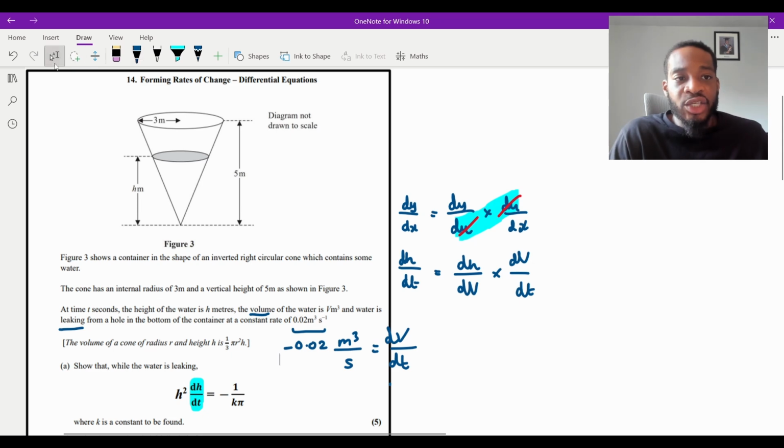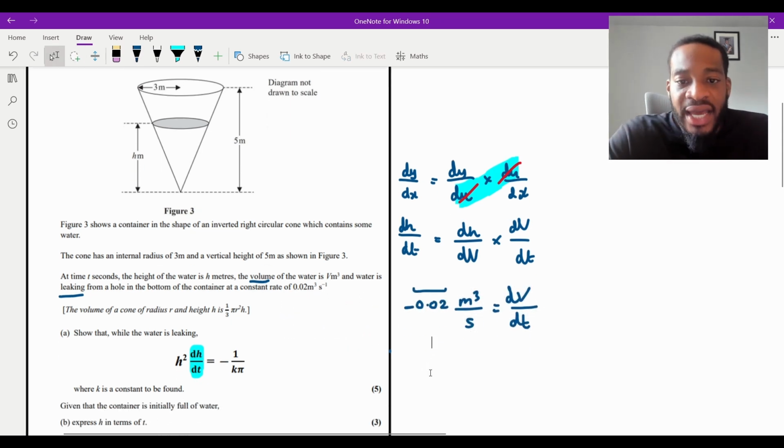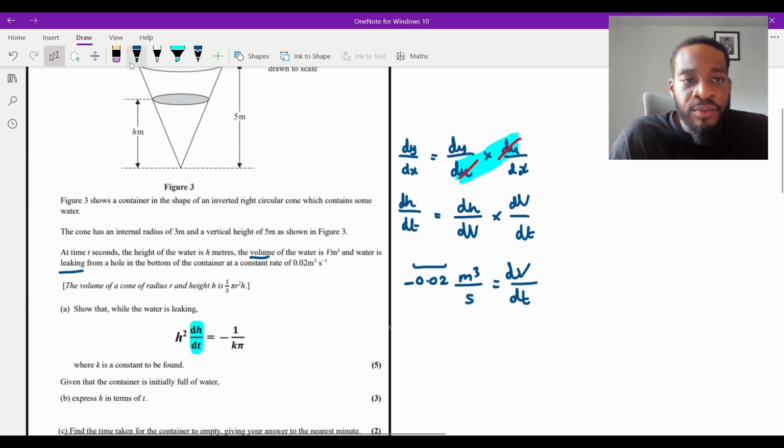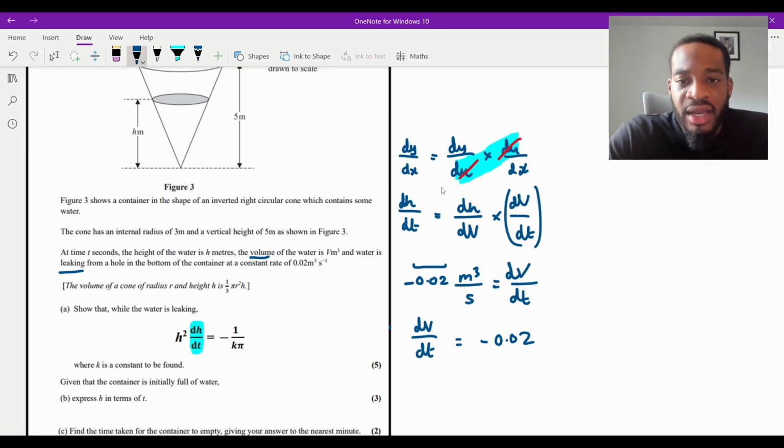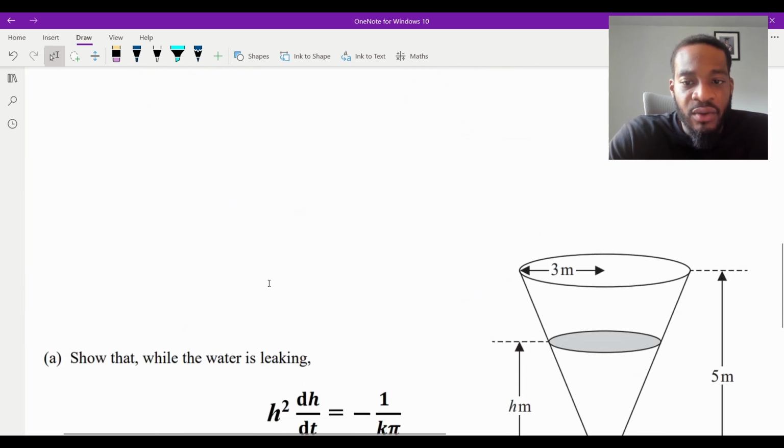So from that piece of information, what I can actually deduce is dV/dt must equal minus 0.02. And that further confirms that V was our connecting variable, because now I can just replace that. I've screenshotted a couple of things down here that we need.